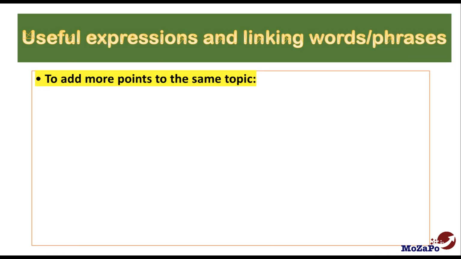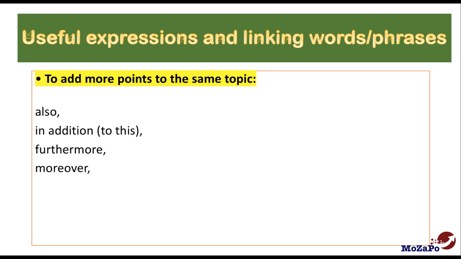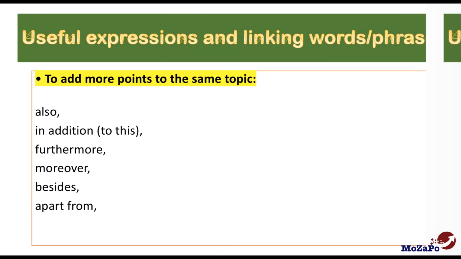Now here, to add more points to the same topic, for example, you have one topic, you want to add more points, you can use also, it's very common, in addition to this or in addition, furthermore, moreover, besides, apart from. As you see, all of them are really helpful just to add more points in your writing.